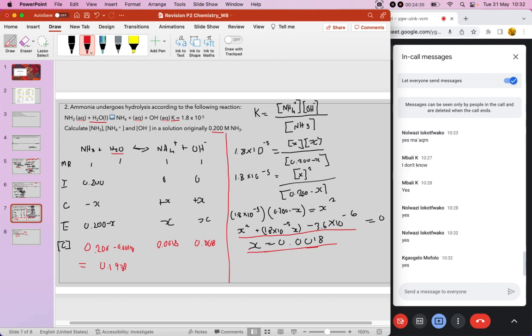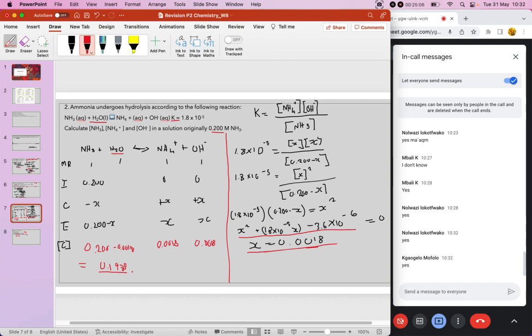Since we've now calculated x, we can go back to our concentrations in the table. We know that the concentration of OH minus is x, so you just substitute your value of x. The same with NH4 plus, it's x, so that concentration and that concentration are the same. And for ammonia, since it was 0.200, you minus the x you just calculated, and the concentration of ammonia will be 0.182.